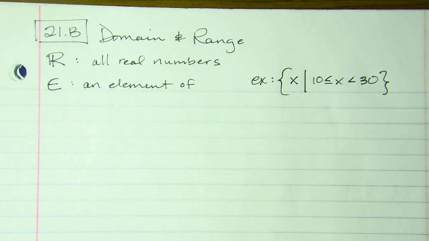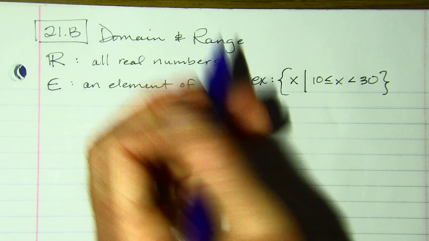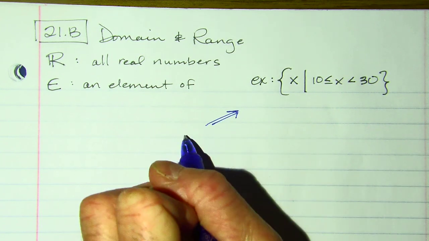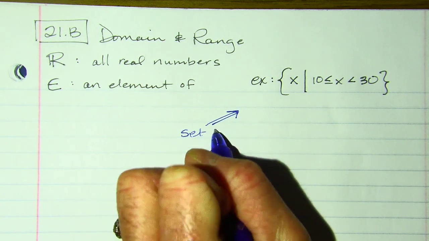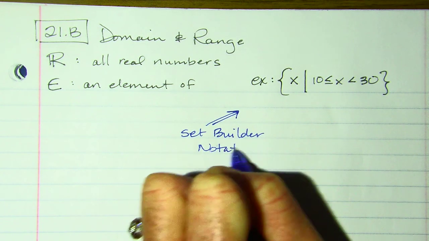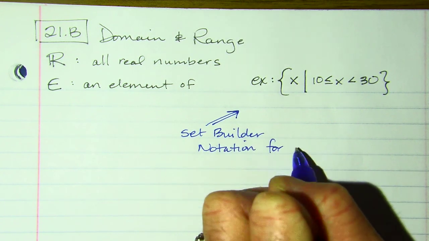So I'm going to go over what all of these things mean. This type of way of writing your domain is called set builder notation for domain and range.